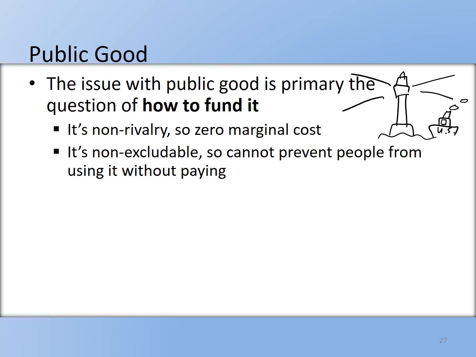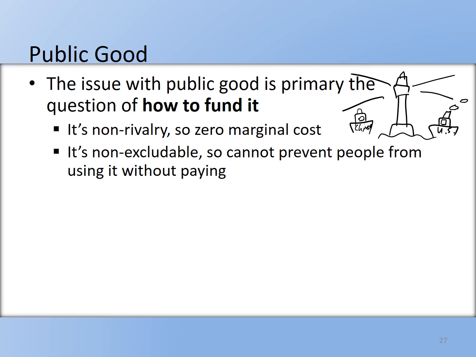You build a light. So the lighthouse can guide multiple ships at the same time, right? It can guide Chinese ships as well as US ships as well as any ships from any country. You just need one lighthouse to guide all the ships. So it's non-rivalry.